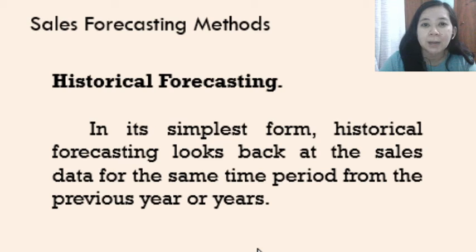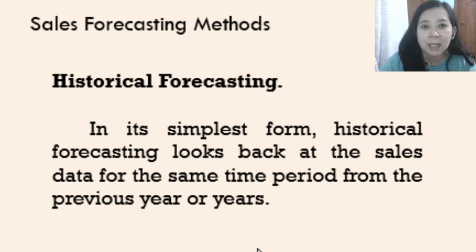This is considered to be the simplest forecasting method. When you use this forecasting method, we will look back, and the basis will be the sales data in the past. It will be considered the same for the same time period from the previous year or years.